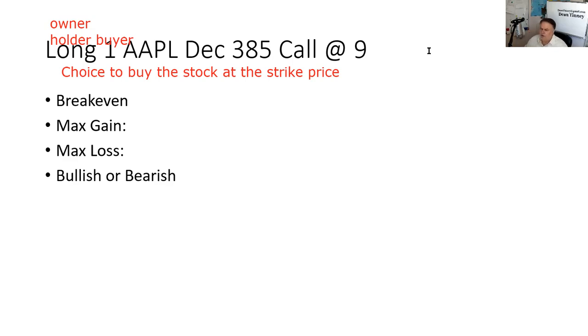Now, we said one way to proceed is to simply memorize break evens. And if you're going to memorize break evens, that's not a big challenge. XP means strike price plus premium equals the break even. In this example, the Apple strike is 385, and we paid 9 points to be able to buy Apple at 385.